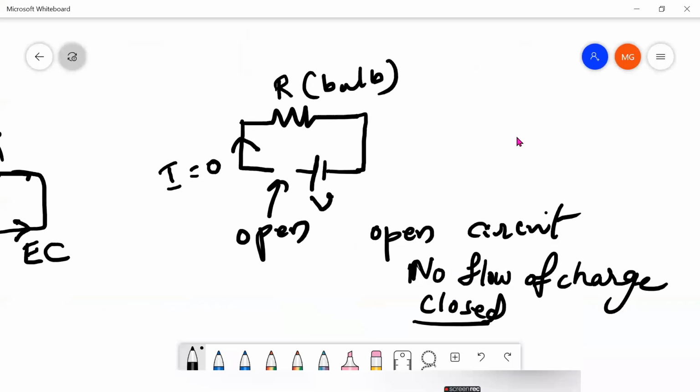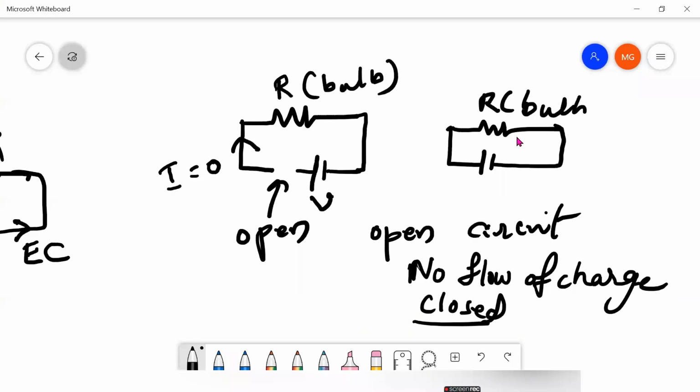I will draw a resistor and a battery. The resistor is the bulb, with voltage and a current, and it is not zero here. We call this a closed circuit because there is a flow of charge, because there is a closed path. I hope you can understand.